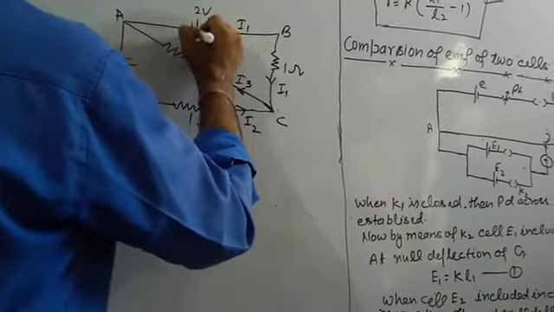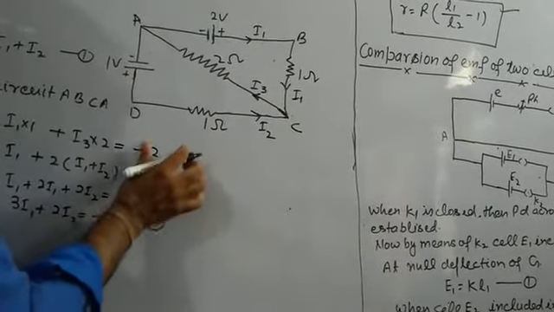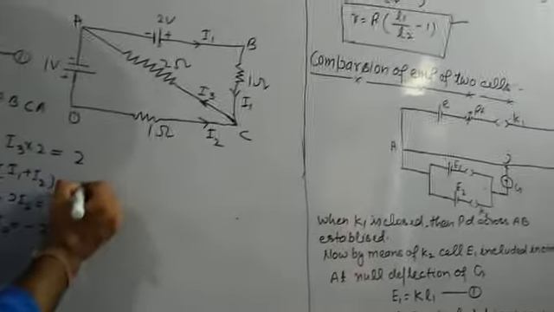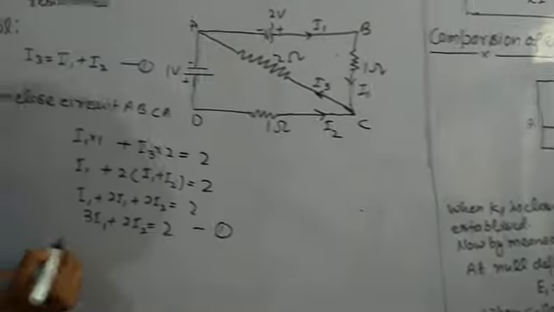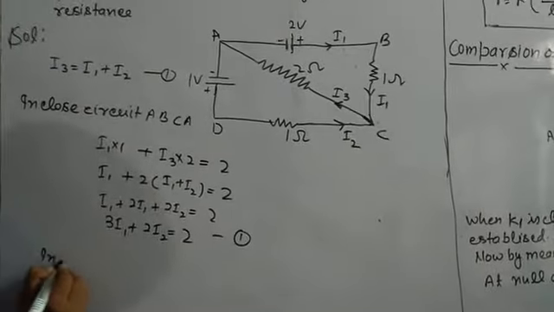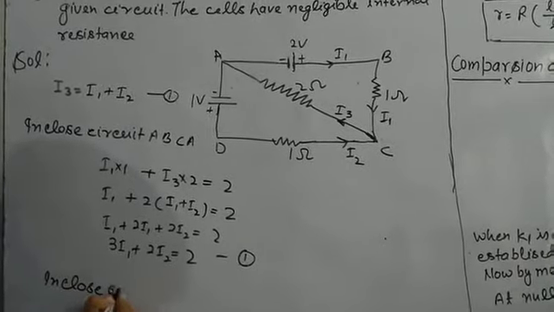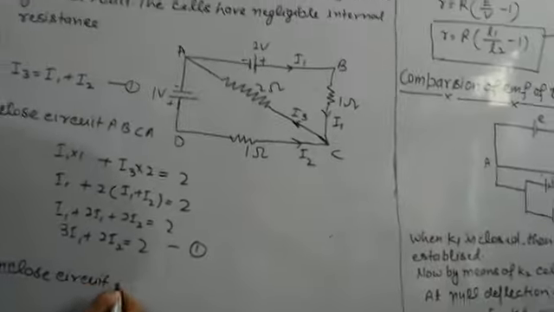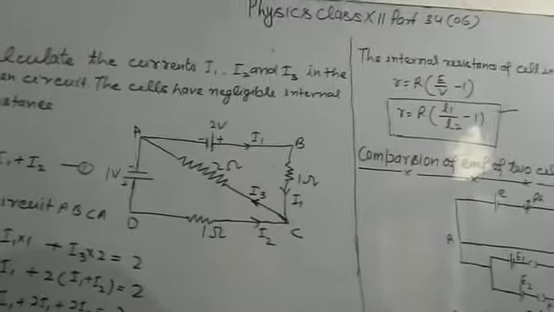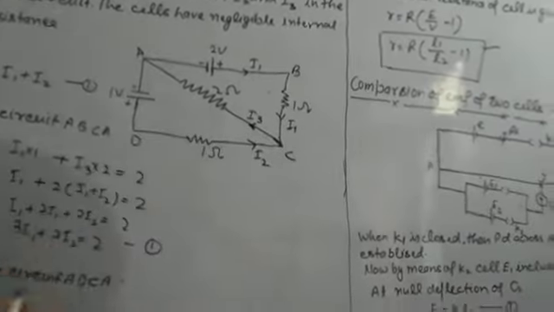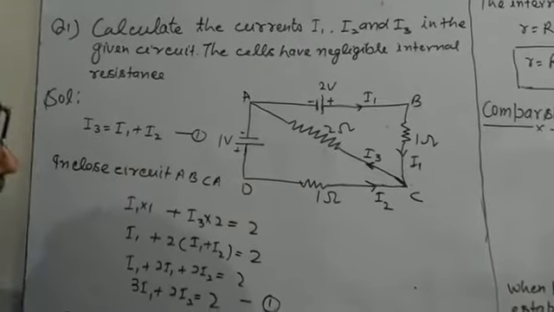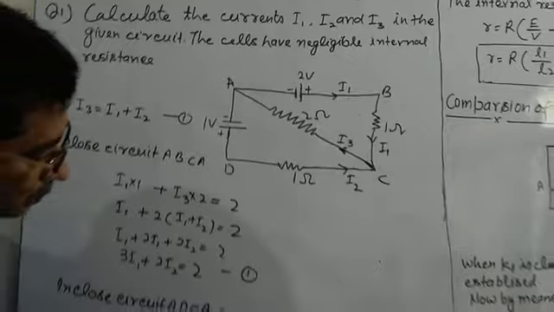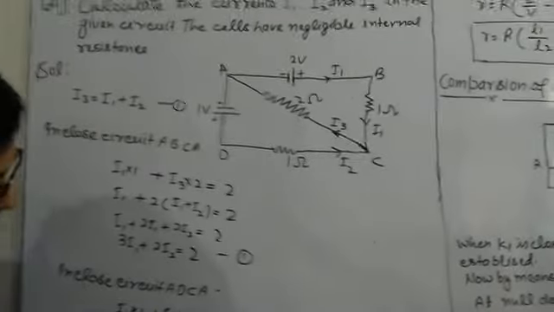In the figure given, this is positive and this is negative, so this will be positive. In closed circuit A, B, C, A, by Kirchhoff's second rule, I1 into 1 plus I3 into 2 equals 1.